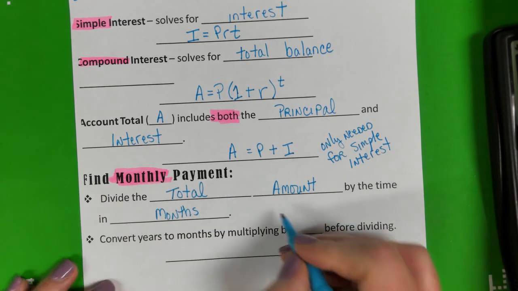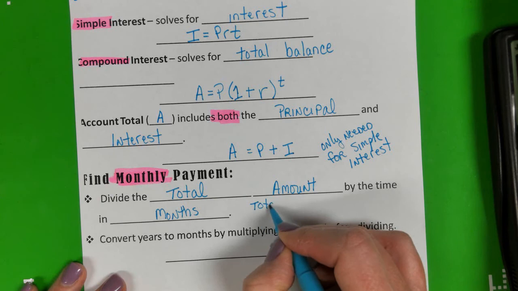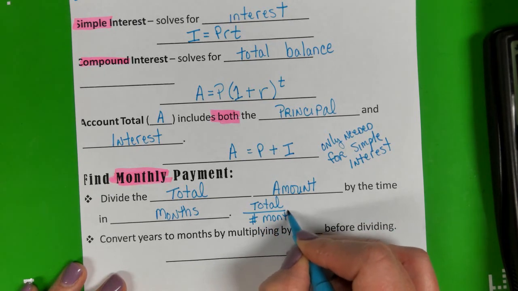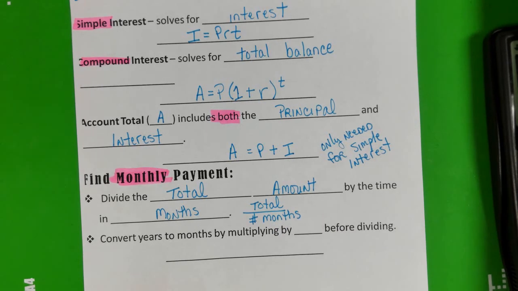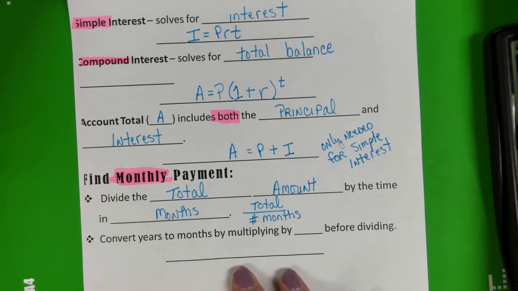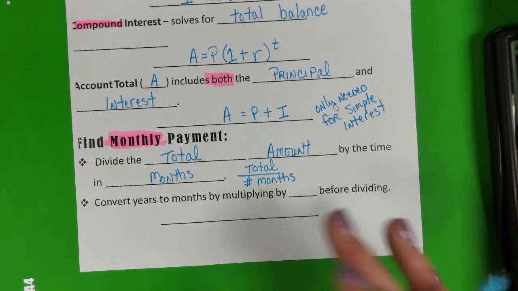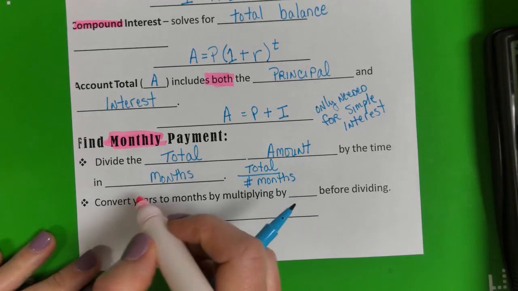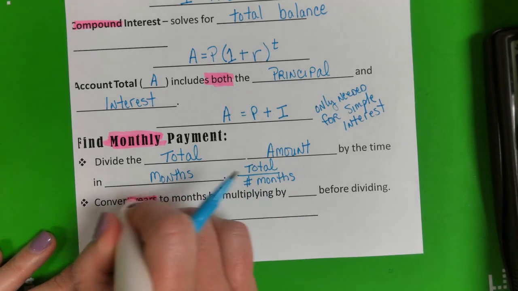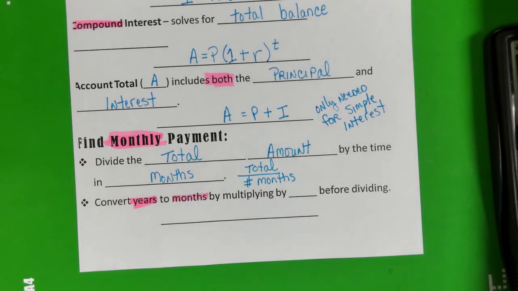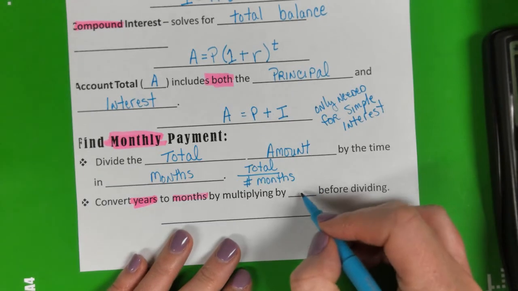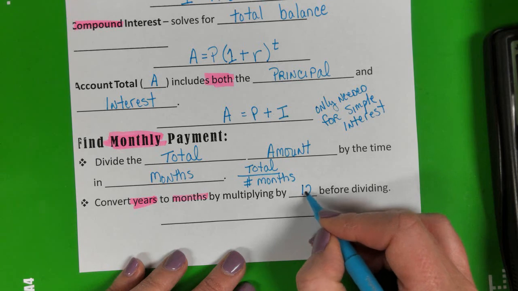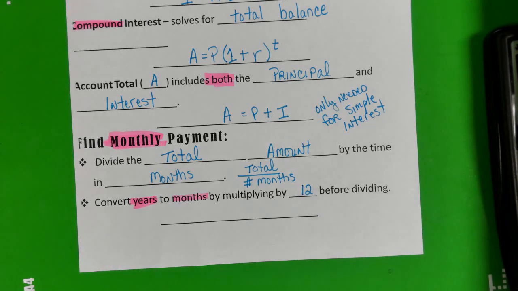So basically it's the total divided by the number of months. That would tell me how much I owe each month. That's important because that's how we pay our bills sometimes. If we need to convert years to months, all you have to do is multiply by 12 before dividing.